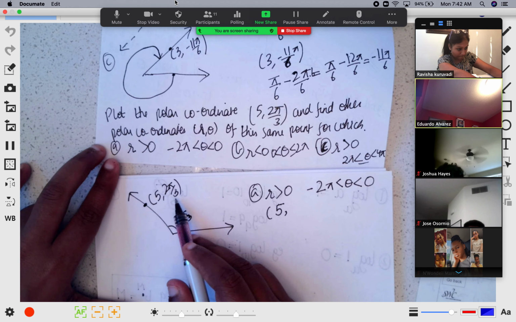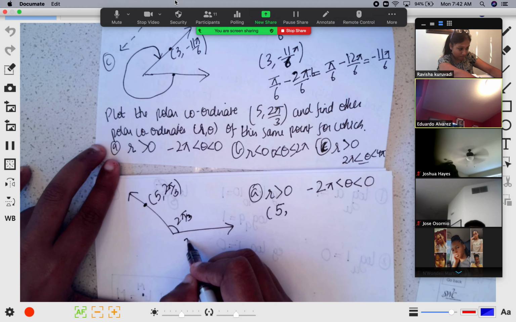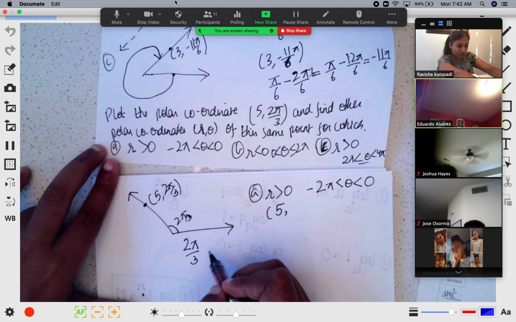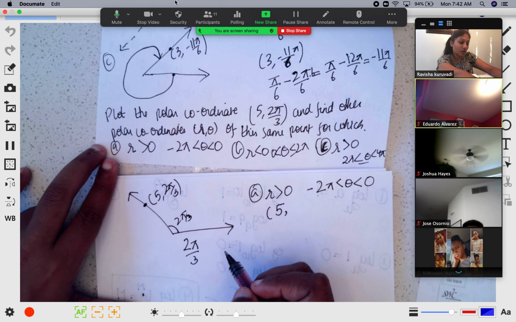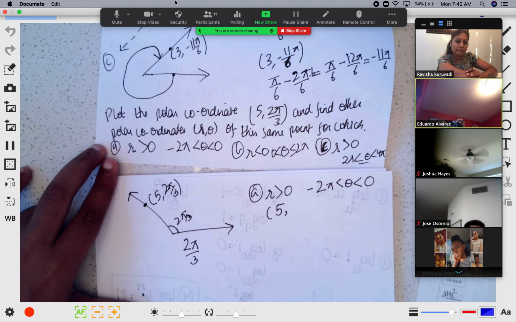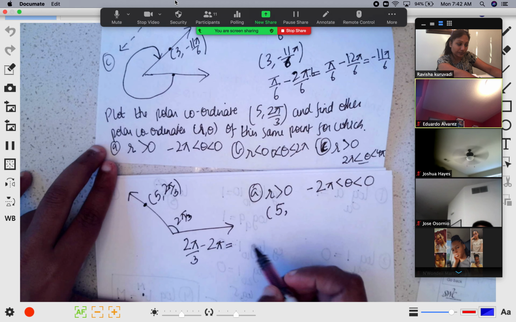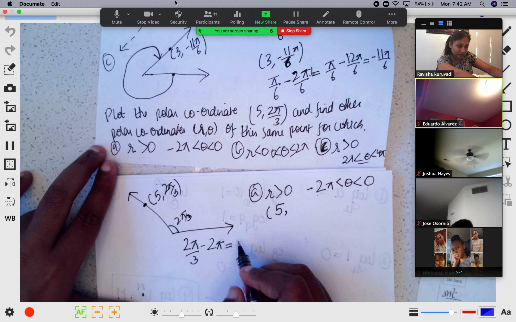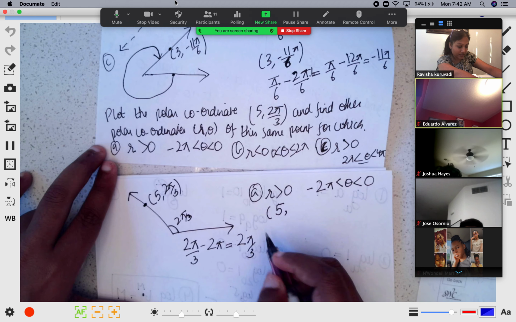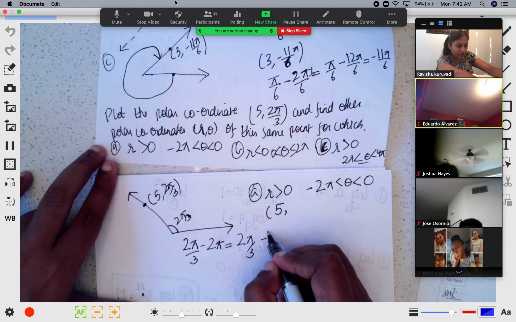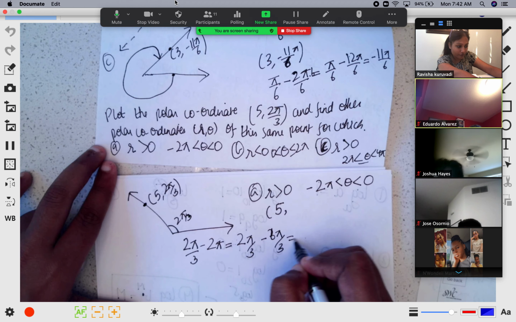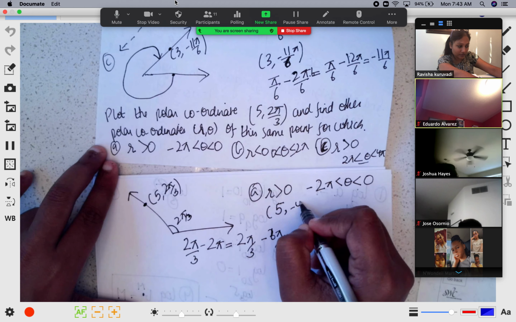For the angle, we make an entire rotation of negative 2 pi, so you subtract 2 pi from 2 pi over 3. Minus this becomes 6 pi over 3, which gives negative 4 pi over 3. Perfect.